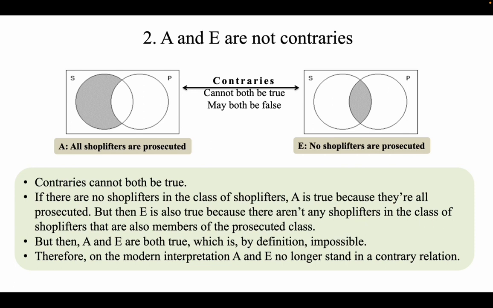But then E is also true because there aren't any shoplifters in the class of shoplifters. There are also members of the prosecuted class. But then A and E are both true, which is by definition impossible according to the traditional interpretation. Therefore, on the modern interpretation, A and E no longer stand in a contrary relation. They're no longer contraries, because they can both be true.